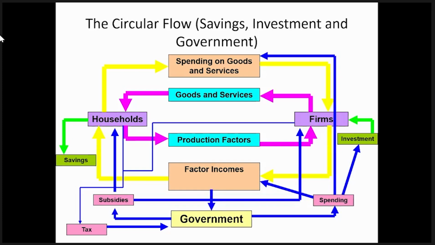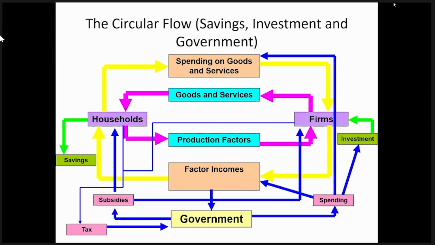Also, government is getting factor income from the public, or maybe from firms, or maybe from households. Because it has its own entrepreneurship, like Petroleum Corporation, Electricity Board. These are government business entities. So government is getting some income, maybe profit from these institutions, or income to its own factors like land. And so therefore, government is getting certain income also.